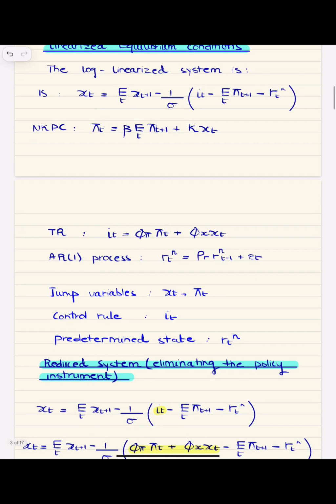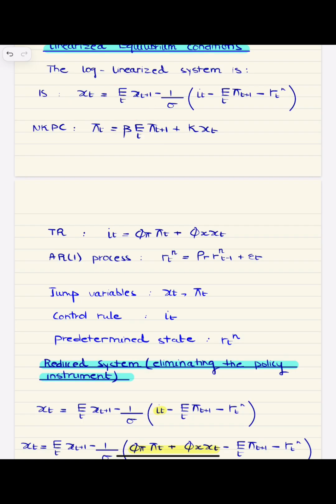Remember, a variable is a jump variable if its equation contains expected future values. And over here we can see x_t and pi_t are going to be the jump variables. The reason why this is important to establish is because in the BK conditions, the number of unstable roots has to equal the number of jump variables. So it's very important that you are able to identify the number of jump variables.